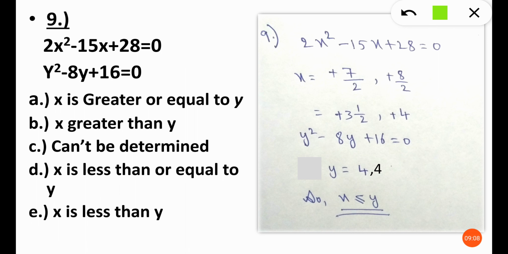We get 3 1/2 and 4. And for the quadratic equation y² - 8y + 16, y = 4 and 4. Here 4 and 4 are equal and 4 is greater than 3 1/2. So in the options we get x is less than or equal to y. Option D is the right answer.